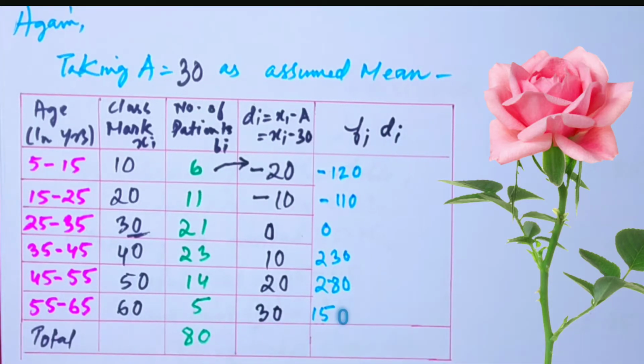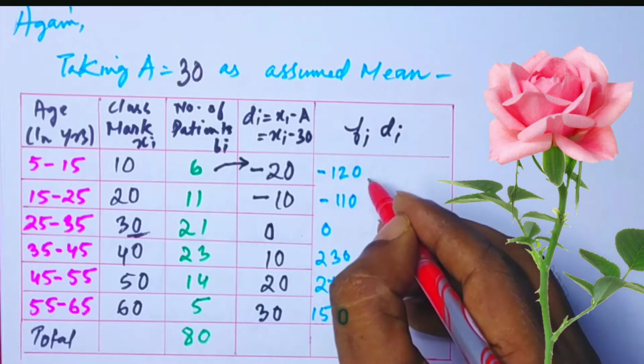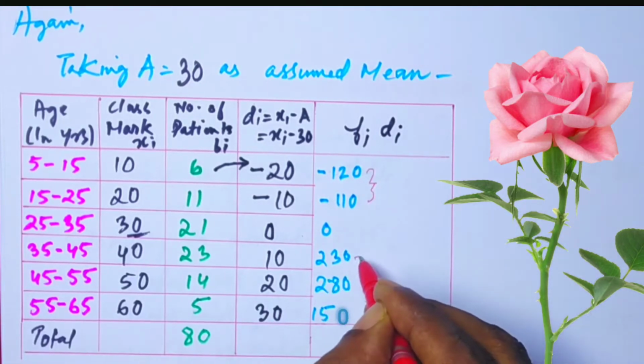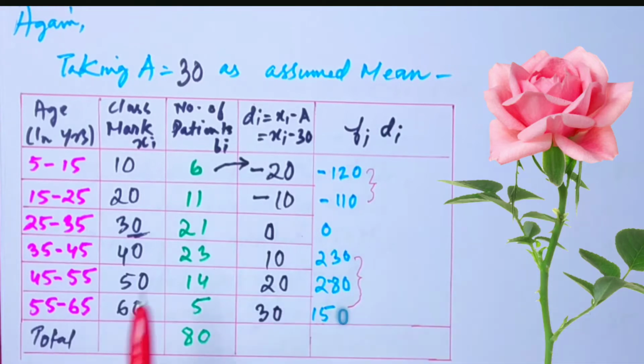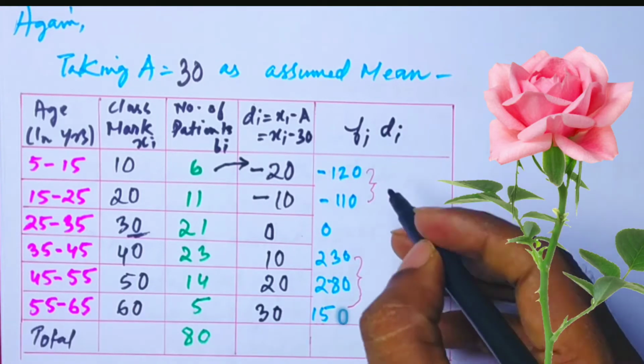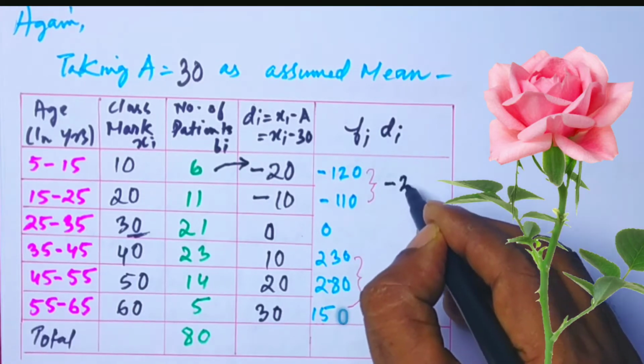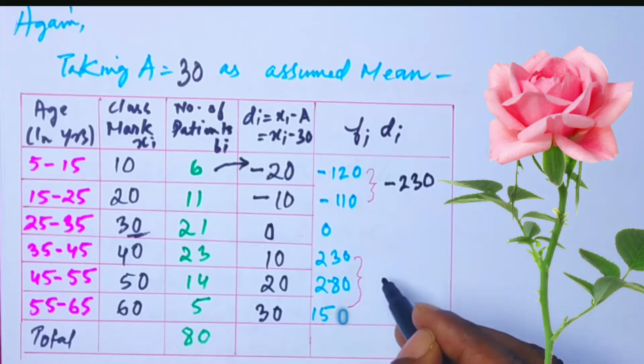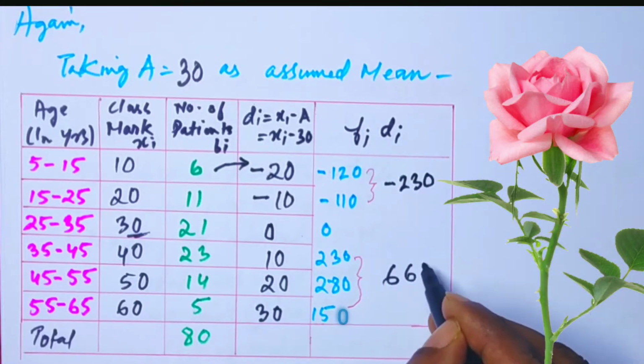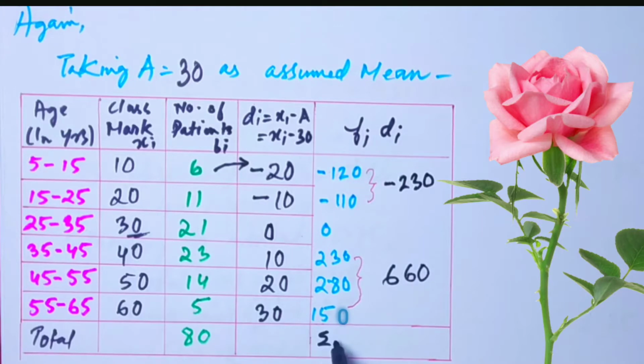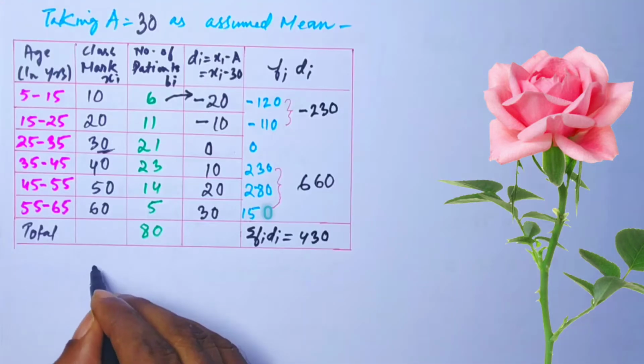We group them together, negative sign and positive sign, to get a total of minus 230 here, and here we get 660, where we get summation fi di as 430.